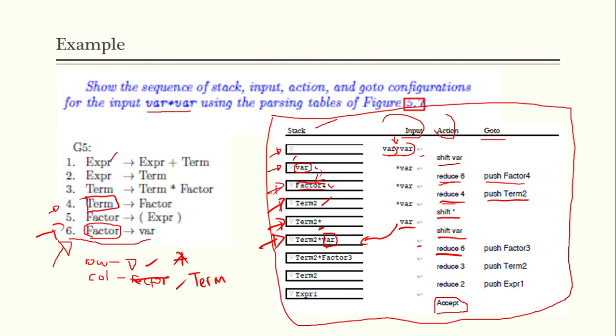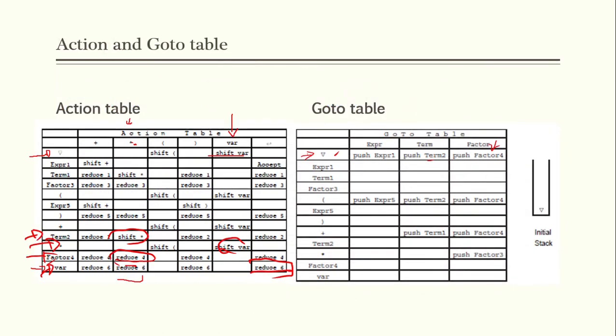What will be the column? The column will refer to the rule, rule number 6, which is factor. So your row is star, your column is factor. Look into the go to table, star and factor.